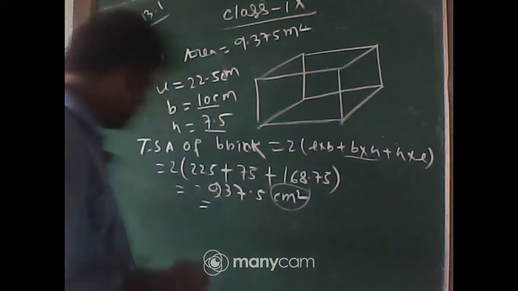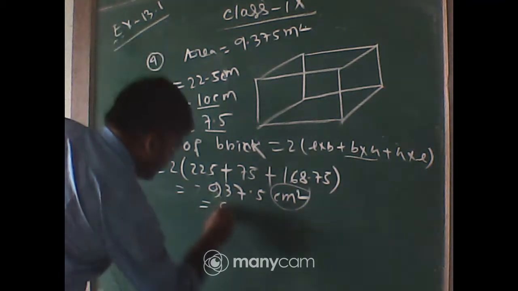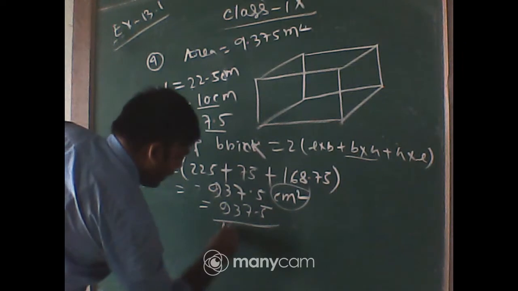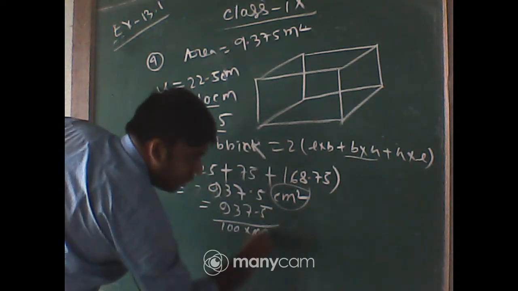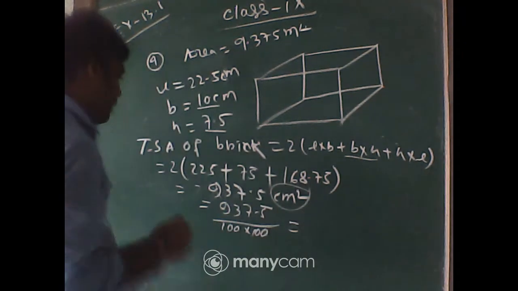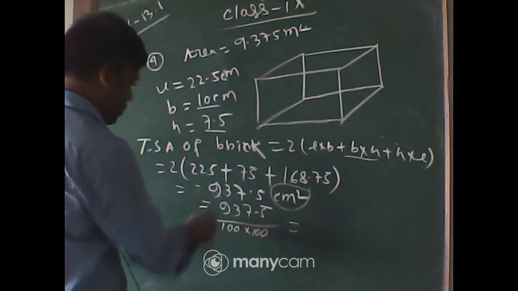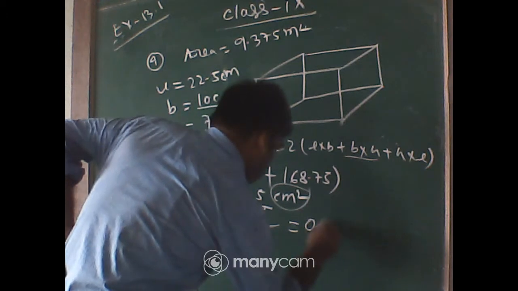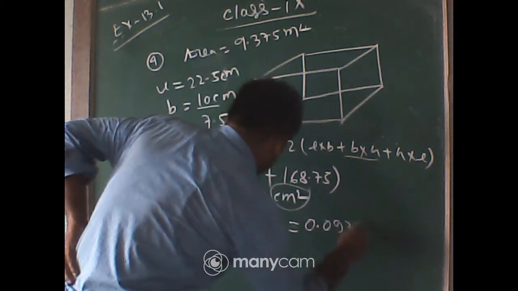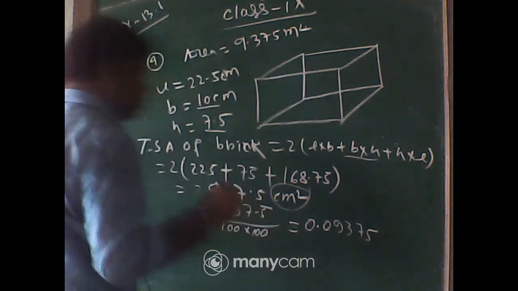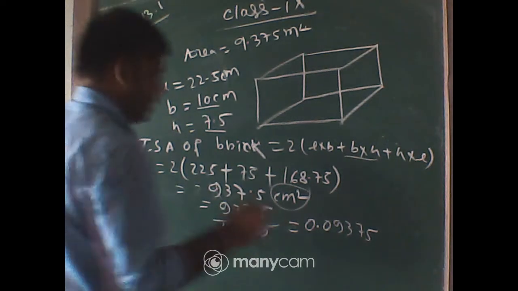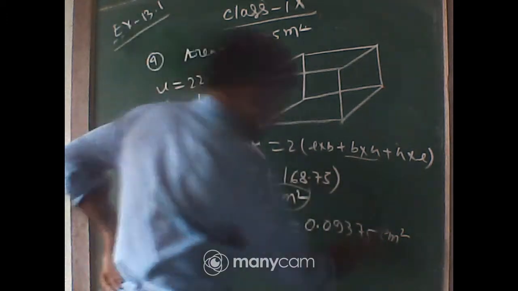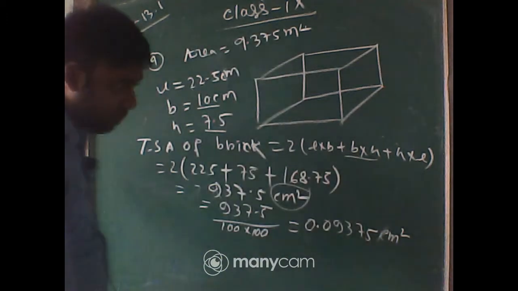So that is 937.5 by 100 into 100, so it will be 0.09375 meter square. Got it?